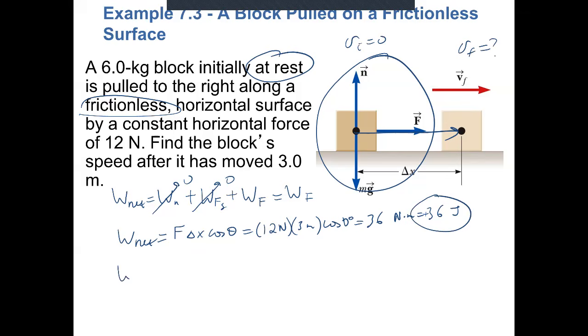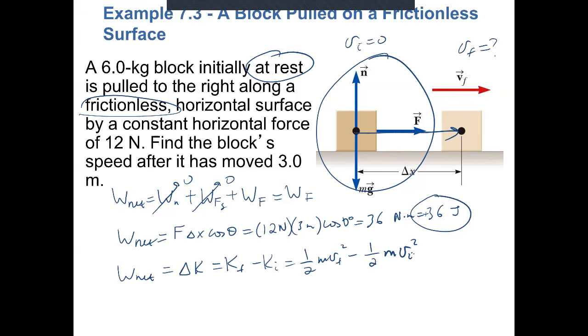According to the work-kinetic energy theorem, if you have non-zero positive work, it's going to change your kinetic energy. So K final minus K initial. K final here is 1/2 m v final squared. K initial here is 1/2 m v initial squared.